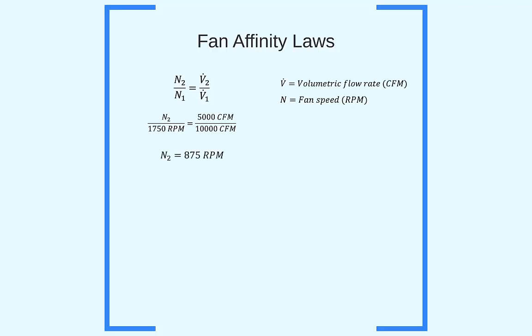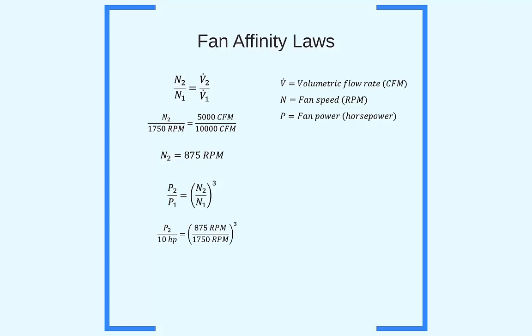Now, if we know how much to slow down the shaft, we can turn to another fan affinity law to determine how much energy that is really going to save us. This next law shows the relationship between power consumed by the fan and the speed of the fan. It is actually a cubic relationship. So say the fan was pulling 10 horsepower when it was running at 1750 RPM.